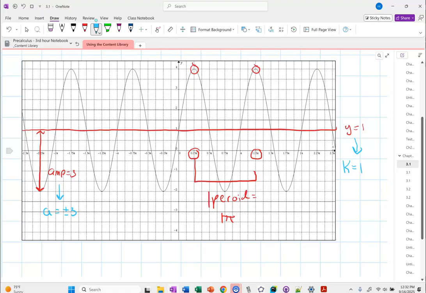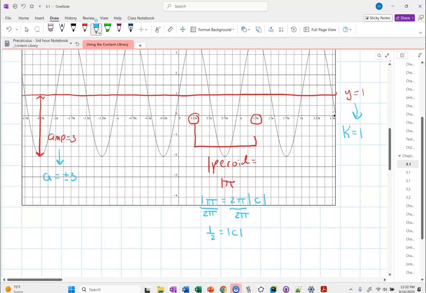The midline gives me that K is 1, and I know the period is equal to 2 pi divided by the absolute value of C. To get C by itself, I start by dividing both sides by 2 pi. That gives me that the absolute value of C is 1/2, or that C could have been positive or negative 1/2.